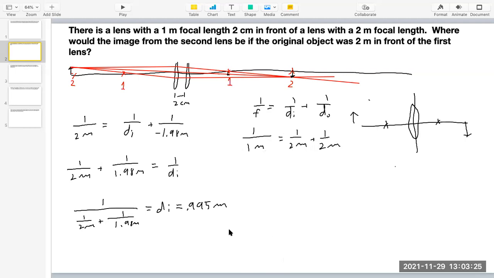All right. So the easier way to get this almost right and close enough for many applications: two lenses close together. Light's going to bend once through the first lens and then bend again through the second lens.